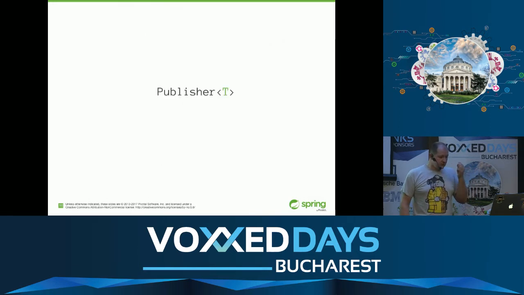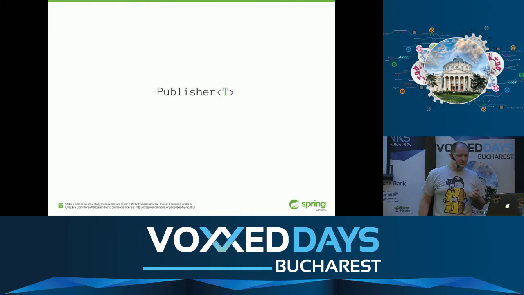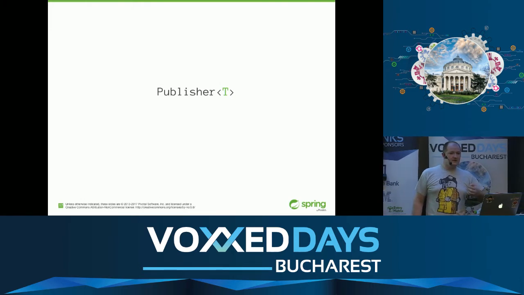And what Reactive Streams basically specify is a set of interfaces, and the most significant interface is a publisher. It's a publisher of T, and what the publisher basically does is it abstracts the opinion of the underlying execution model for you, and it abstracts to some extent the multiplicity of the emitted data.